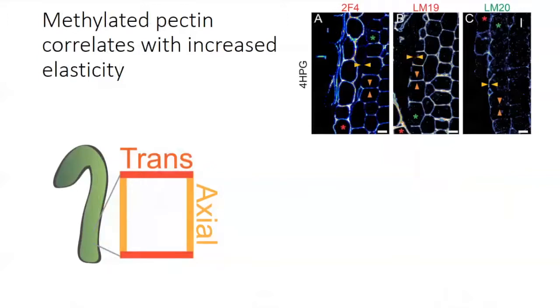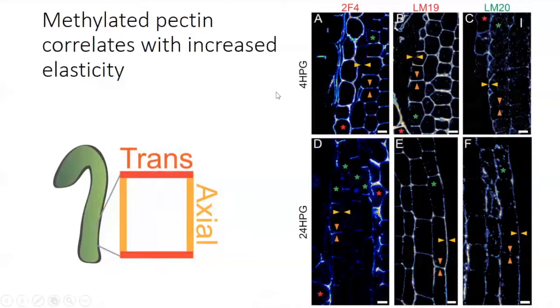Again, these are really tricky to do quantitatively, but it jives pretty well with the mechanical measurements that we can make. We can look at this at 24 hours as well, once these cells are starting to elongate, and again we're seeing a little bit more of the rigid markers on these transverse walls, and more of the soft pectin on the elongating walls.